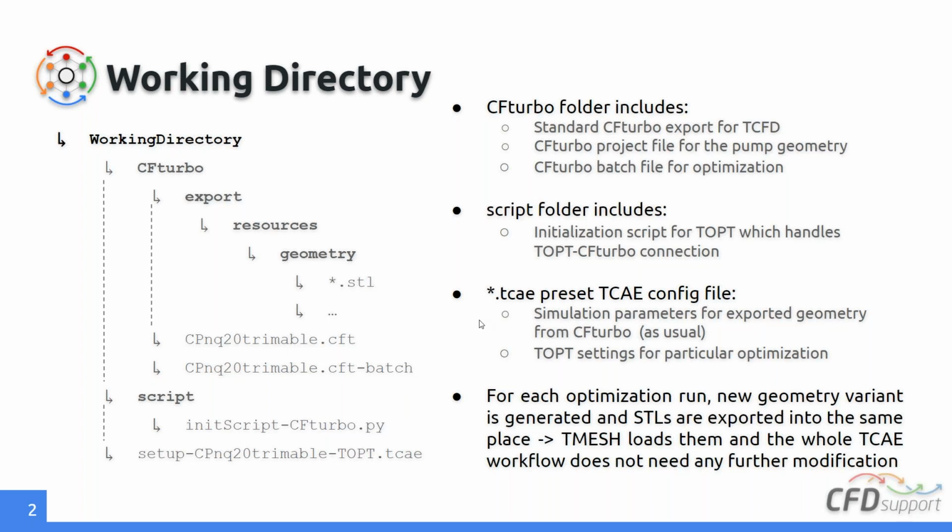We run CFturbo, which generates the new geometry variants and exports the STLs, and then we can run the standard TCAE workflow, like running tmesh, TCFD, and post-processing the results. Then the optimization loop continues until some convergence is reached.